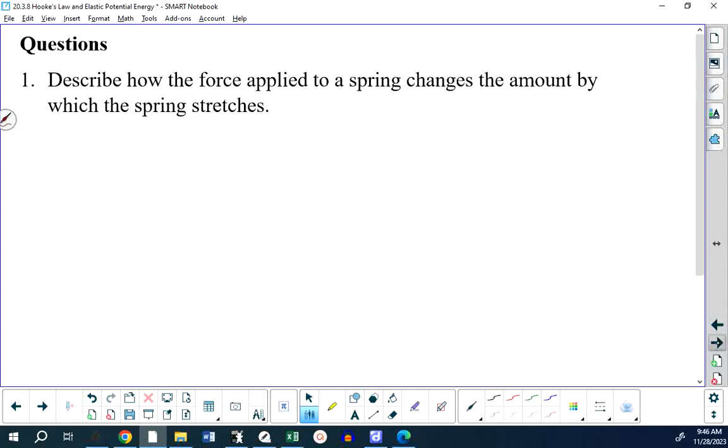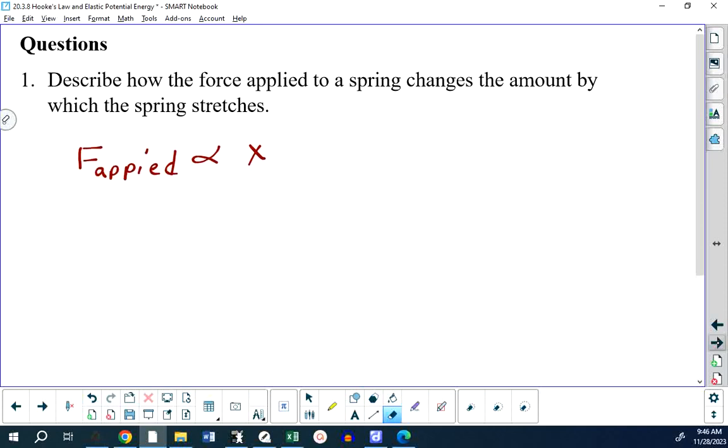Okay. Describe how the force applied changes the amount by which the spring stretches. Well, we're just going to write this out officially mathematically. The force applied is proportional to the displacement, or the distance it stretches. But what this means, and we're going to go around in a circle here. Okay? I've already told you what Hooke's law is. It's a formula.